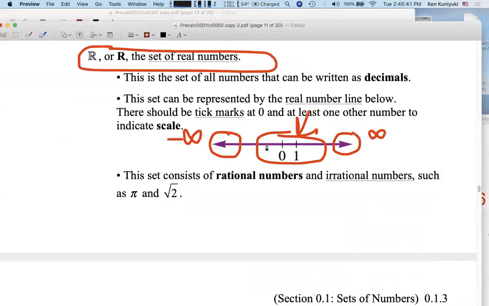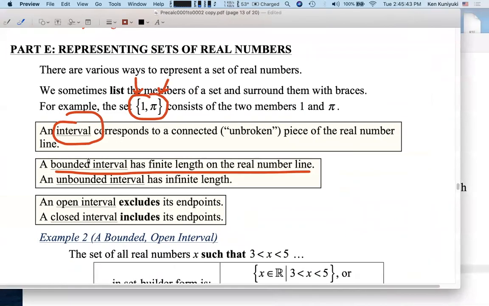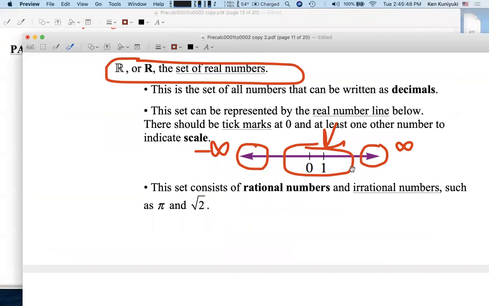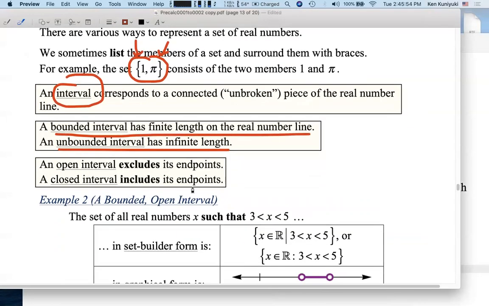It's trapped between a couple of real numbers. An unbounded interval has infinite length, and it shoots off to either positive infinity or negative infinity. An open interval excludes its endpoints. A closed interval includes its endpoints. And you can have various combinations.